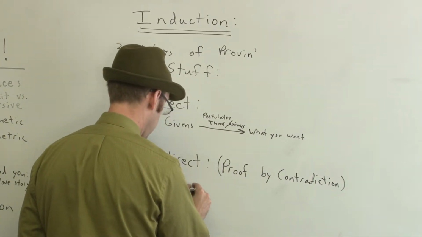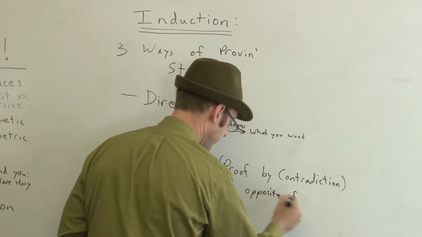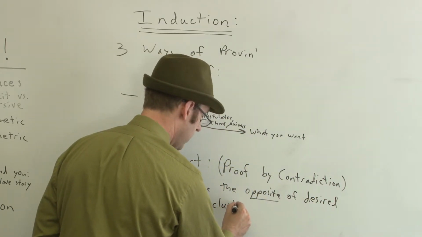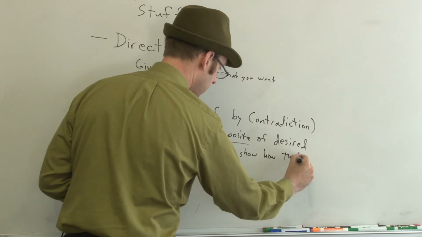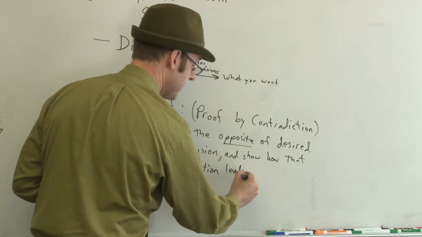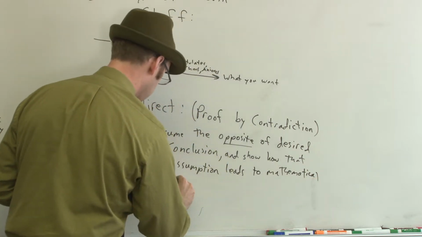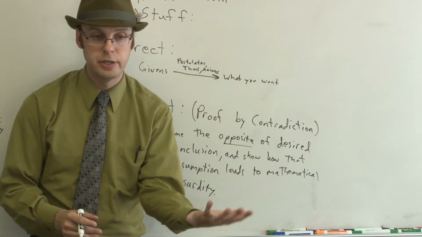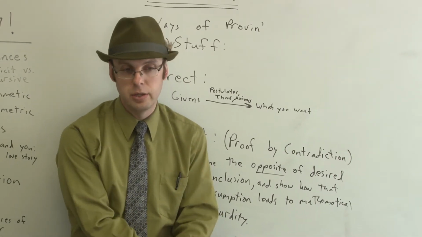So you assume the opposite of the desired conclusion and show how that assumption leads to mathematical absurdity.